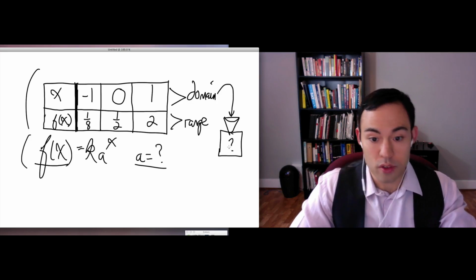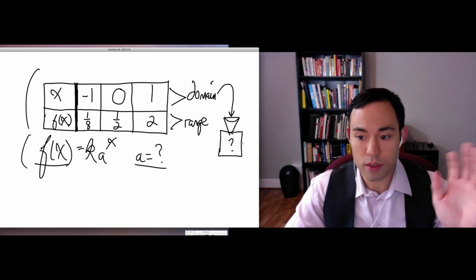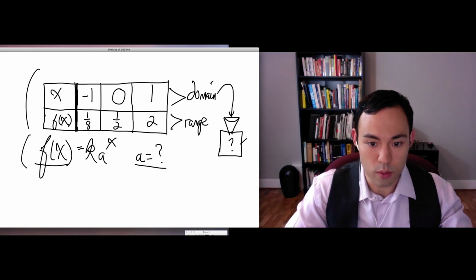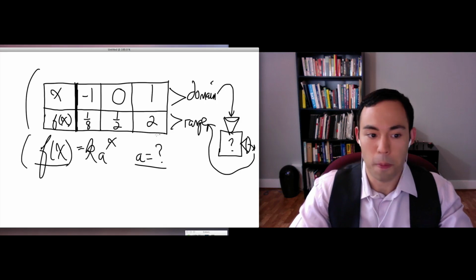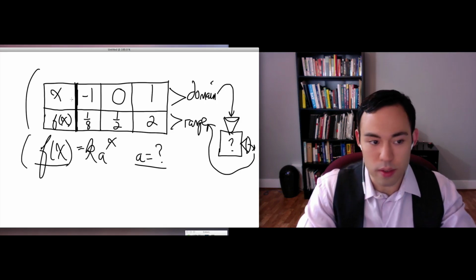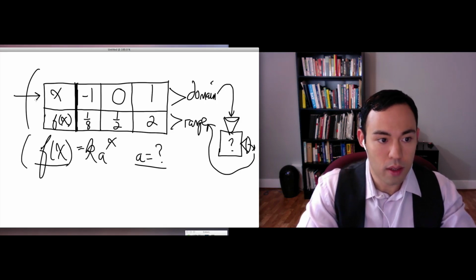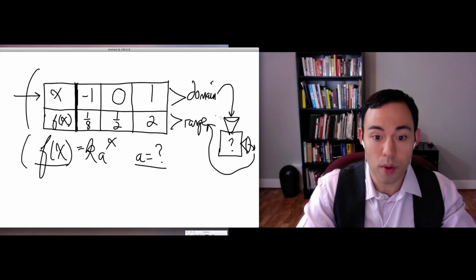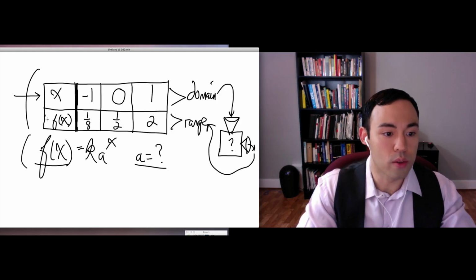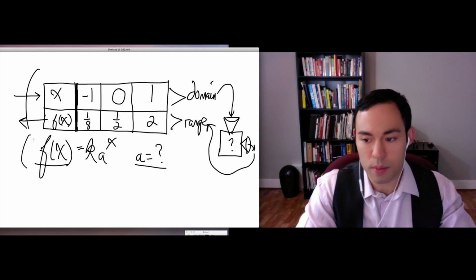Then some kind of stuff happens to them that relates to the function, and what's outputted are range values. So we're going to do this now. We're going to put some x's into our box, and then see what comes out.